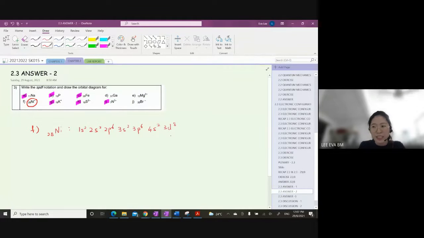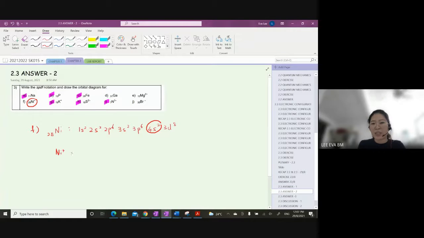4s first before 3d. So when you want to make a cation, you need to remove electrons. Always remove from 4s. So the first electron from 4s, second electron from 4s, then no more. If you want to remove the third electron, then it should be from 3d. Then the fourth electron from 3d, the fifth electron from 3d, and so on.